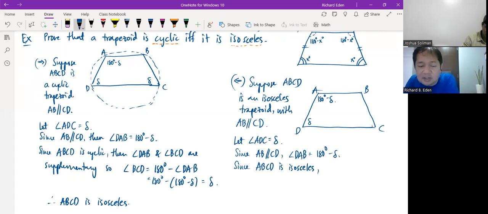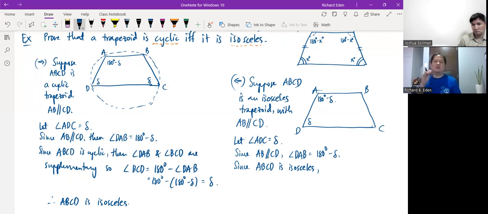this ABCD is an isosceles trapezoid. How can we use that? What conclusion can we draw using the fact that this is an isosceles trapezoid? Angle D is delta. Therefore, is there any other angle that we can conclude the value of? Angle B is 180 minus delta. Why? They are adjacent, not relative to the parallelism.